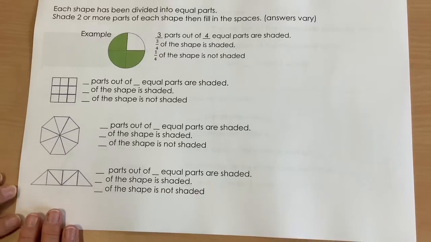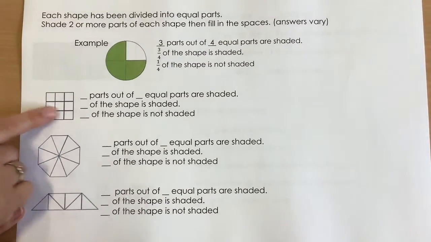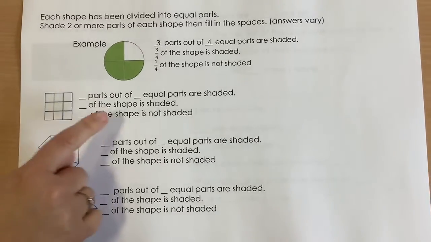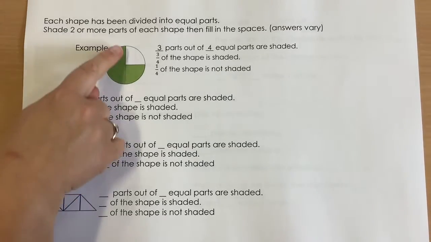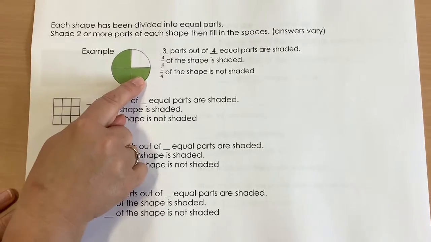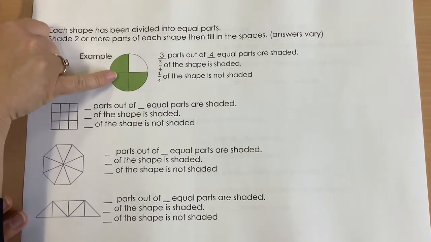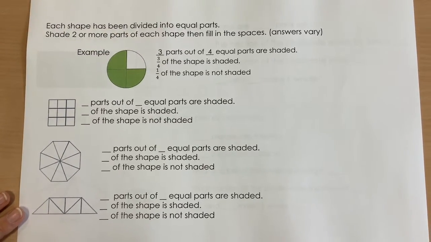Here is an example of the next part of the task. You need to colour in 2 or more parts of each of these shapes, so it's entirely up to you, and then your answers will depend on how many of them you've coloured in. So in this one I've coloured 3, so I know that 3 parts out of 4 parts are shaded, therefore 3/4 of the shape is shaded and 1/4 of the shape is not shaded.